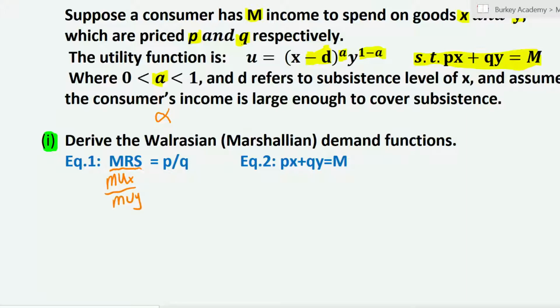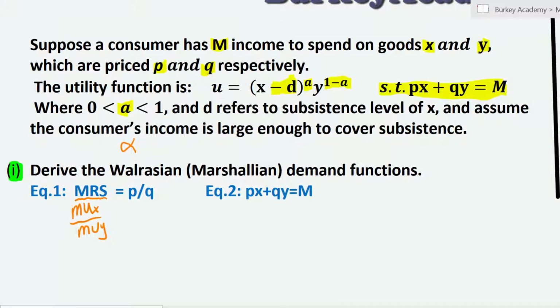And we can take the derivatives of this utility function here. I'll just highlight that in pink, and I won't highlight it anymore. I'll just say the pink thing. We take the partial derivative of that utility function with respect to x. We divide it by the partial derivative of that utility function with respect to y.